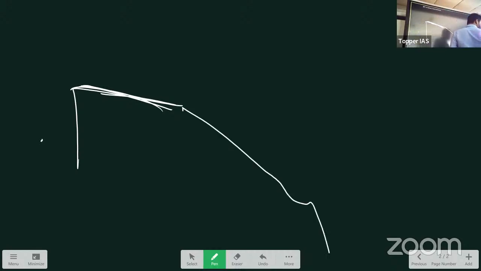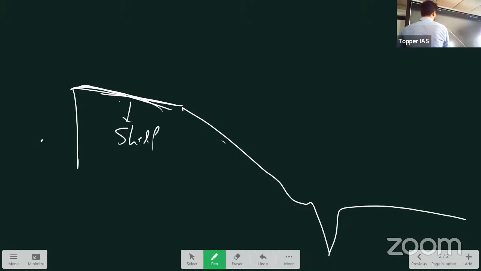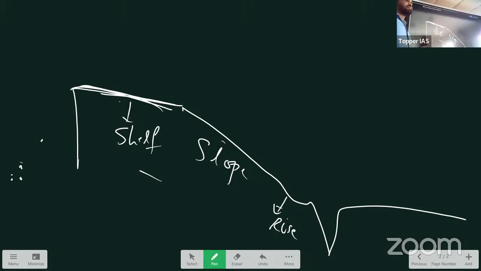Then there can be trenches, and there can be abyssal plain. So these three, continental shelf, slope, and rise, are part of continental plate.